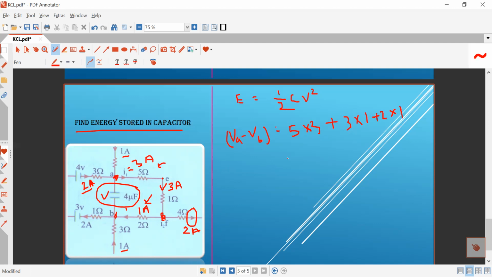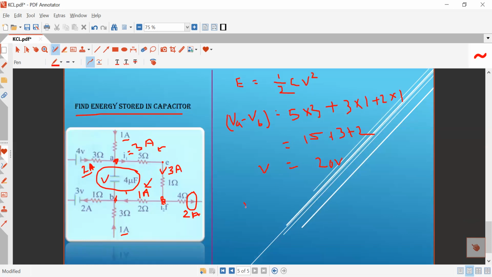So in this way, you will get the potential difference across the capacitor, which is 15 plus 3 plus 2, and it will be equal to 20 volt. So this is the potential difference across the capacitor.